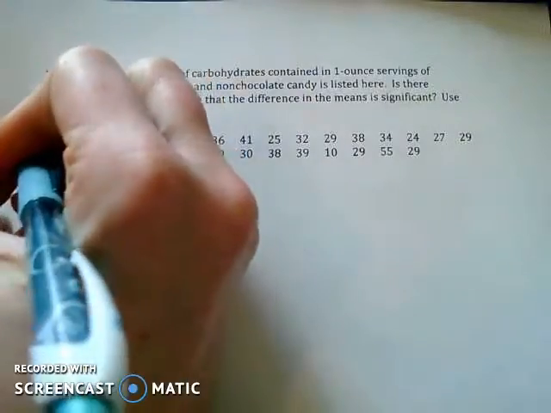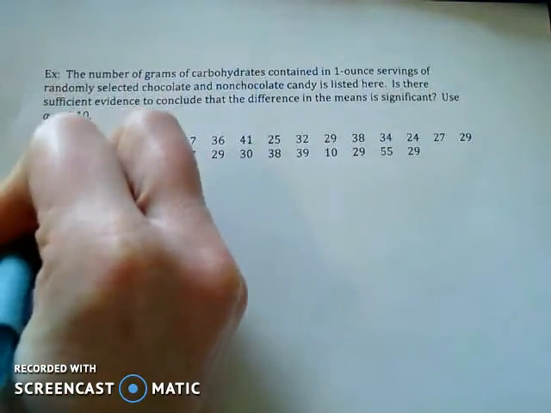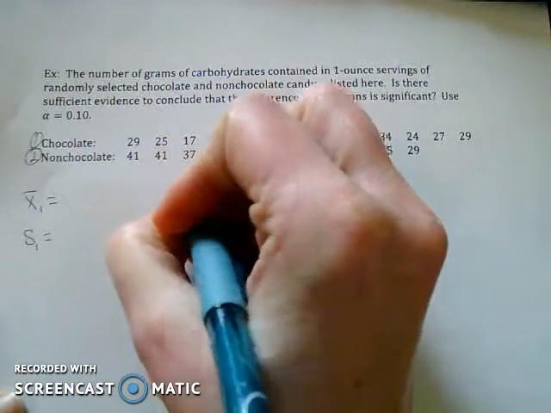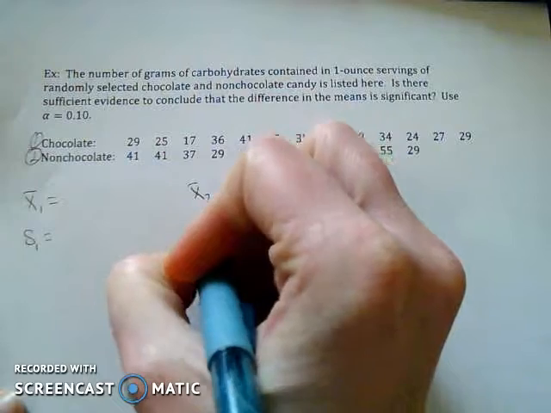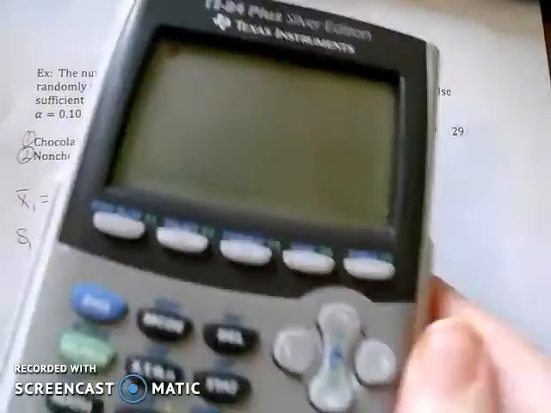So I'm going to call chocolate 1 and non-chocolate 2. So we need to find X bar 1, S1, X bar 2 and S2. If you want to do that all by hand, you're more than welcome to, but I will show you one more time how to do it in your calculator.